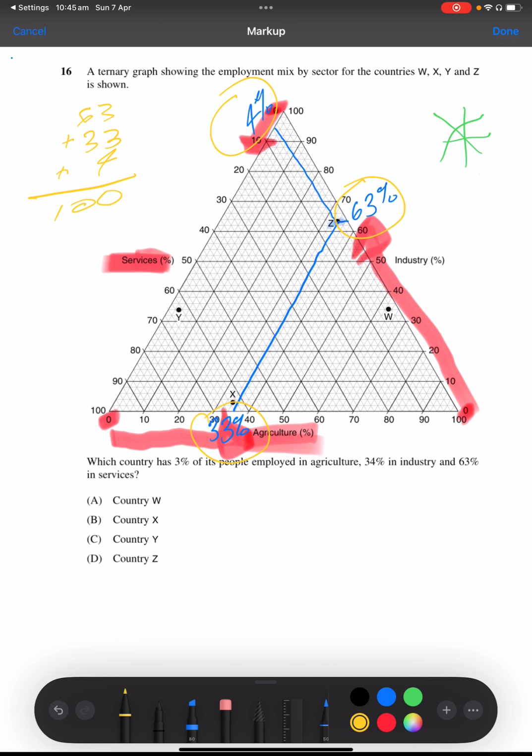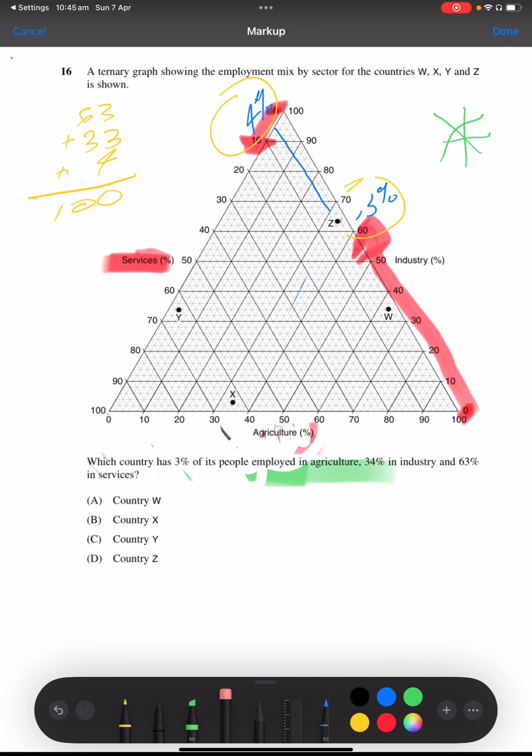But if we look at the question down below, 3% employed in agriculture, well, we know it's not country Z because their workforce employed in agriculture, only 33% of them are, okay? So let's rub all that out because we know that's not the right answer. We'll rub it all out.